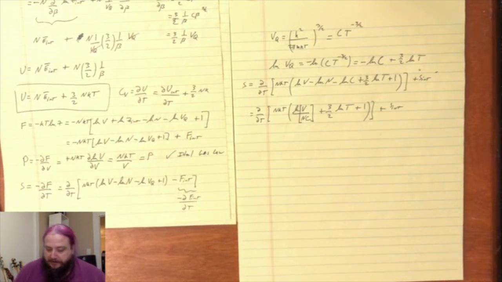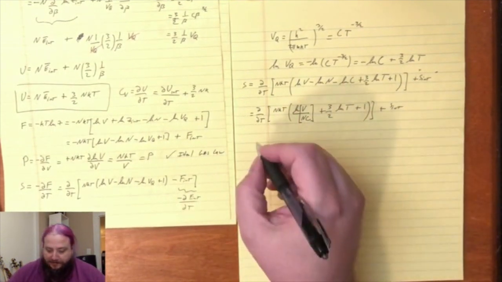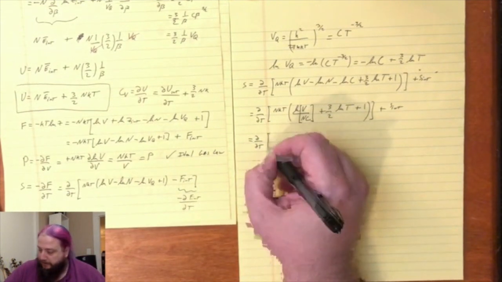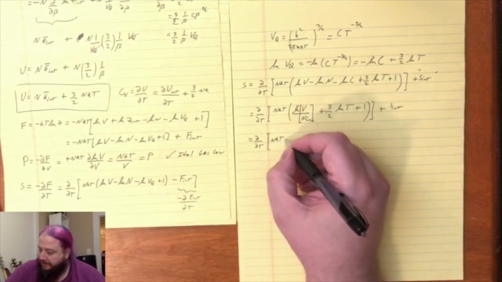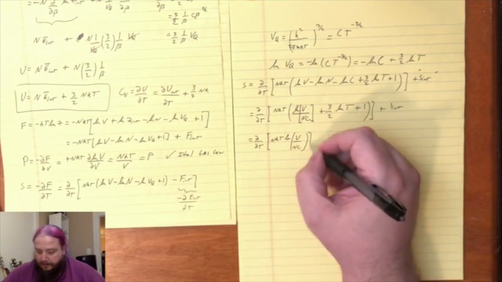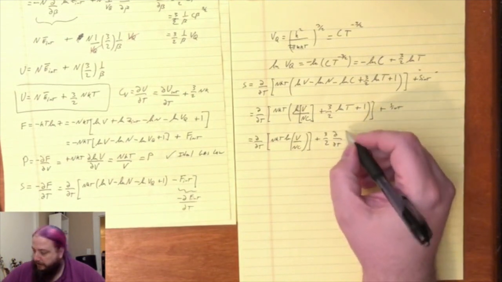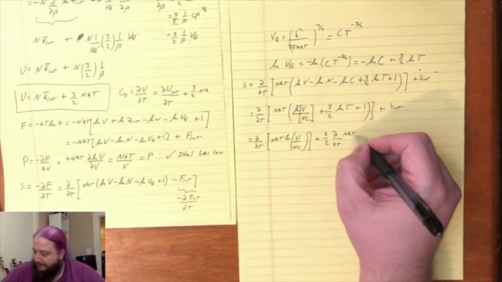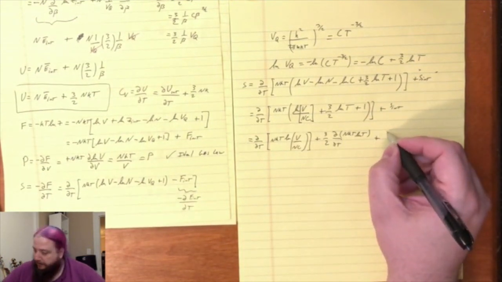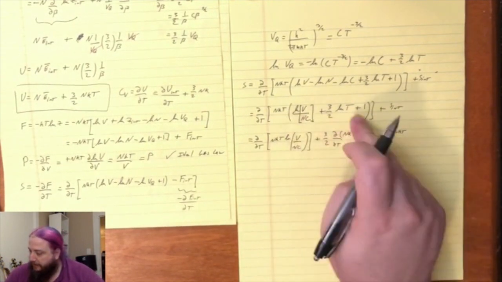And so now we're going to break this up. We're going to go ahead and distribute this nkT into the bits of the interior. So this is going to be d by dT of nkT log of V over nC, plus 3/2 times the derivative of nkT log T, plus the derivative of nkT multiplied by 1 in there.